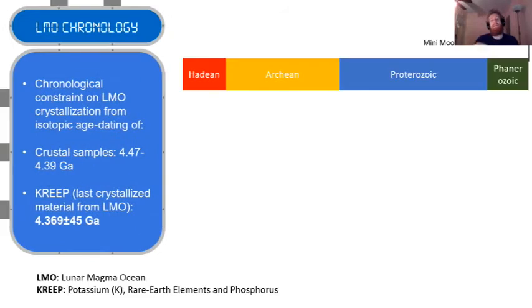Okay, so now that we are convinced that it's very important to understand how the magma ocean on the Moon evolved, I will review a few constraints that we have on this chronology. So here I put a timeline graded with Earth eons, going from the formation of the Earth, pretty much the formation of the solar system, to today.